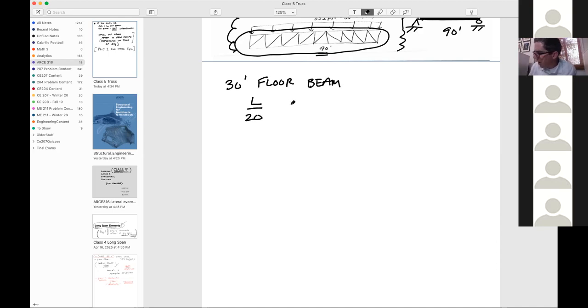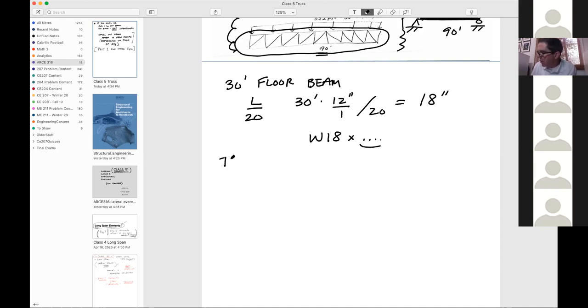We put our 30 feet, times 12 inches per foot, divided by 20, keeping our units, so we need an 18-inch depth. So for those 30-foot floor beams, we would end up using a W18 by something based on the moment that the beam would be expecting.